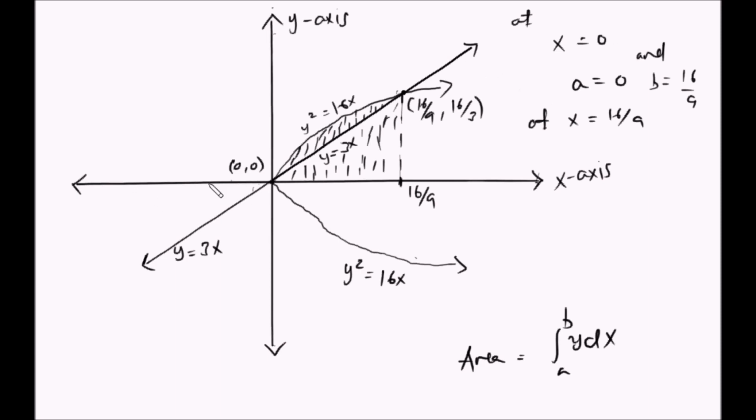Itakuwa ni area ya hili eneo nililo shade mara ya pili hapa, yaani huu mstari, hii x axis na hii vertical line hapa, ndo A2. So A1 ni yote, A2 ni hapa chini. Sasa sisi area tunayoitafuta ni hapa juu hapa nilipo pa shade mara ya kwanza. Niandike kabisa hapa, ngoja nifute kidogo.